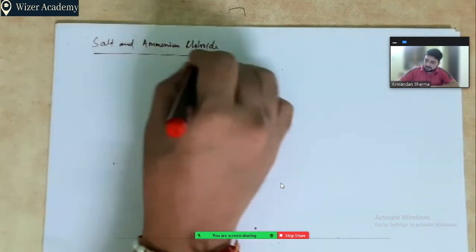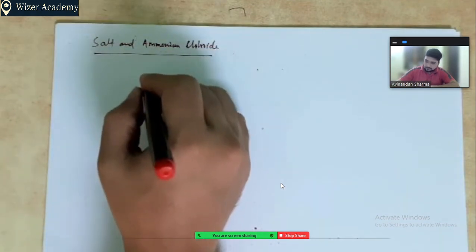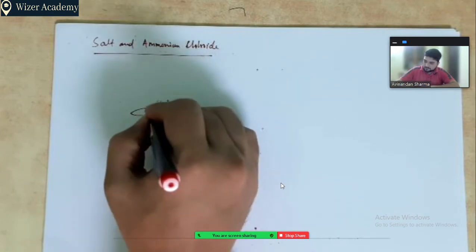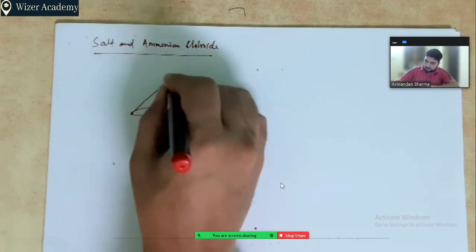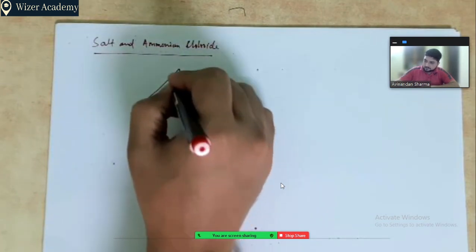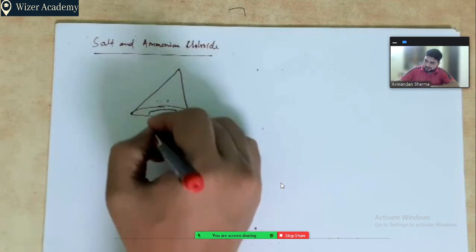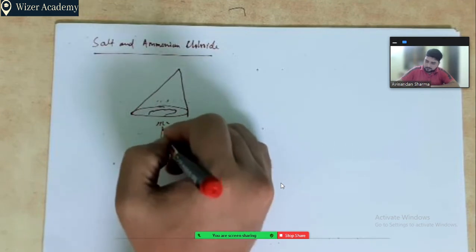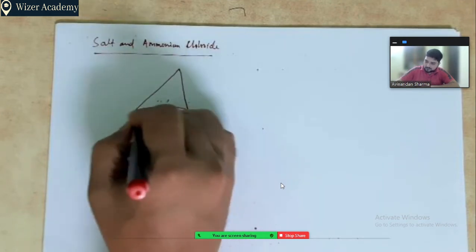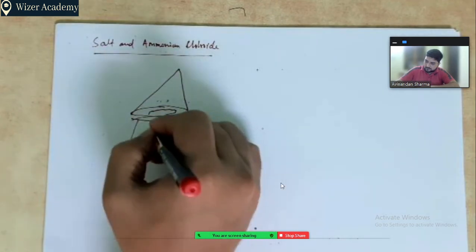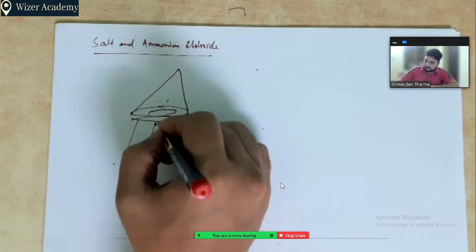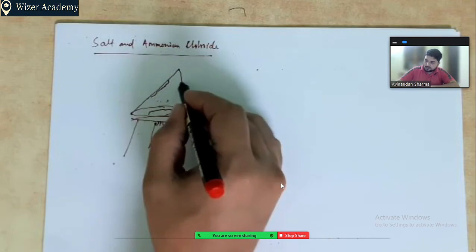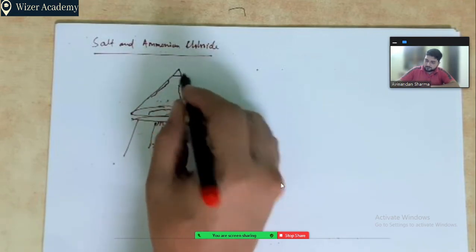So if we heat the mixture, suppose this is a china dish in which we have the mixture, and we have completely covered it up, and we heat it with a Bunsen burner on a tripod stand, then we can see that the ammonium chloride will be deposited on the outer side of the funnel.